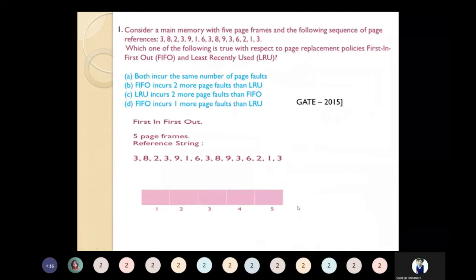Here, consider your main memory with 5 page frames and the following sequence of page references. So this is a numerical problem under the page replacement method. Which one of the following is true with respect to page replacement policies, first in first out and least recently used, that is LRU?